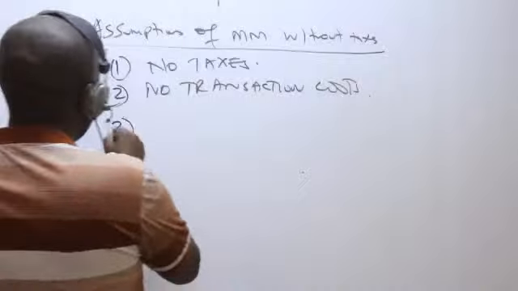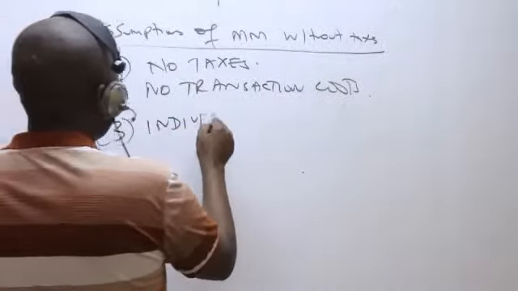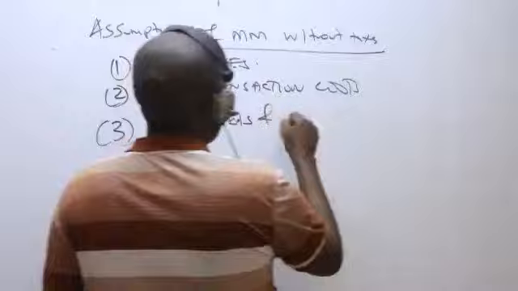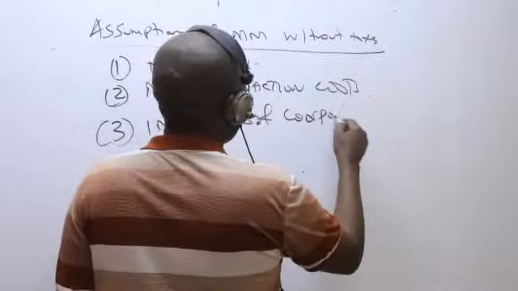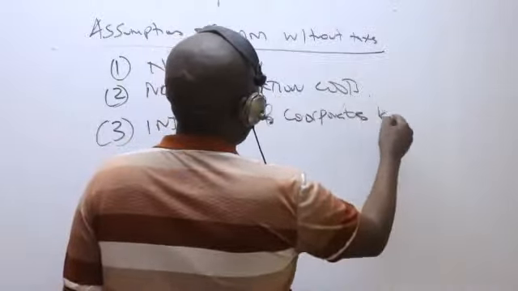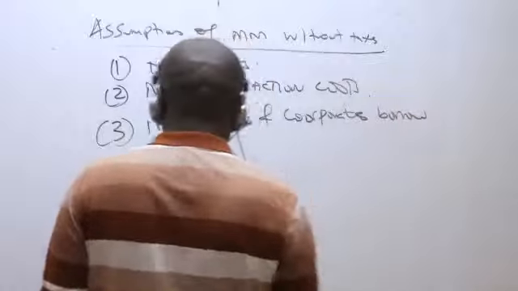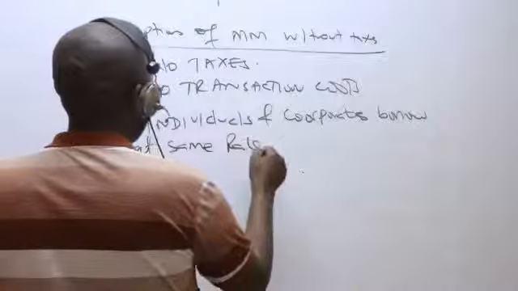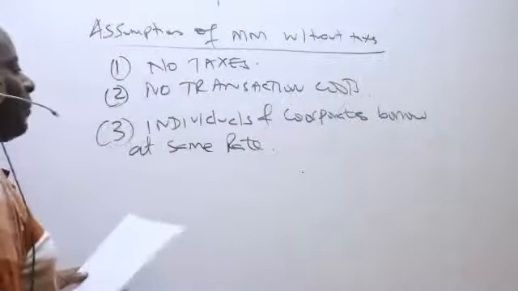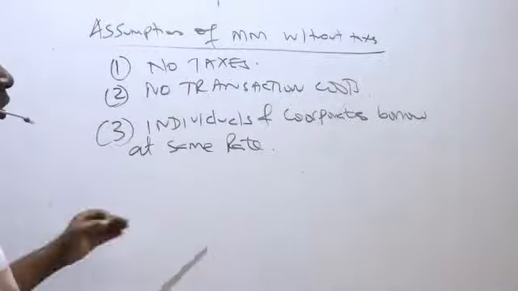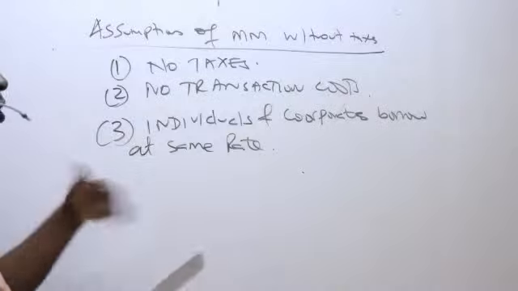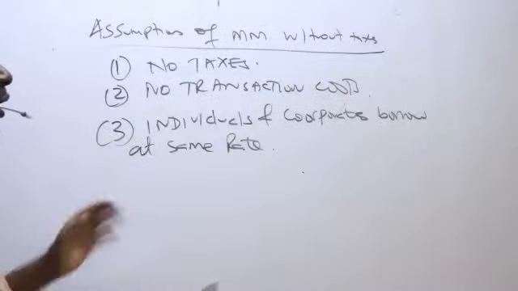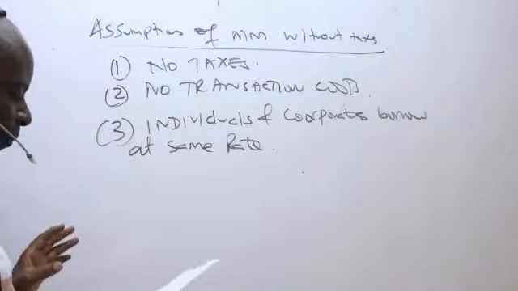Number 3, individuals and corporates borrow at the same rate, meaning that KD is known in advance and will remain constant for individuals and the corporations.